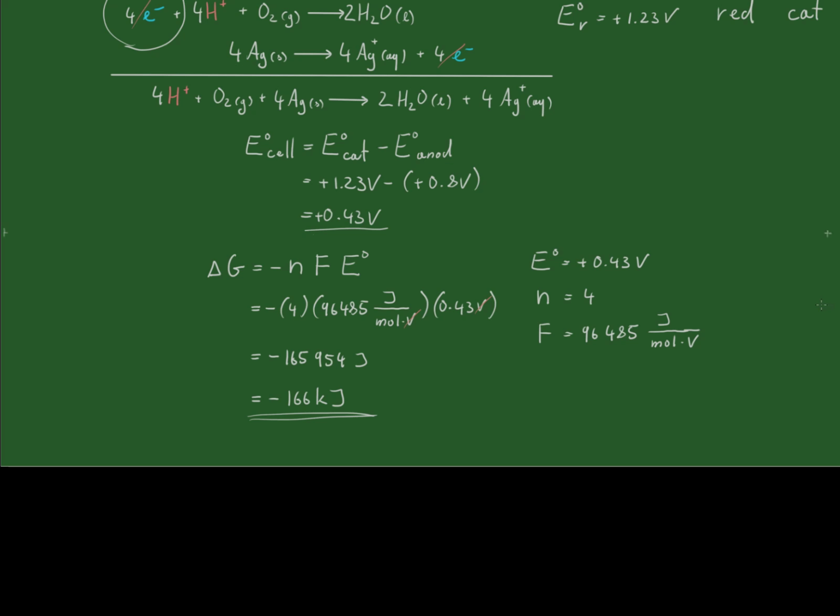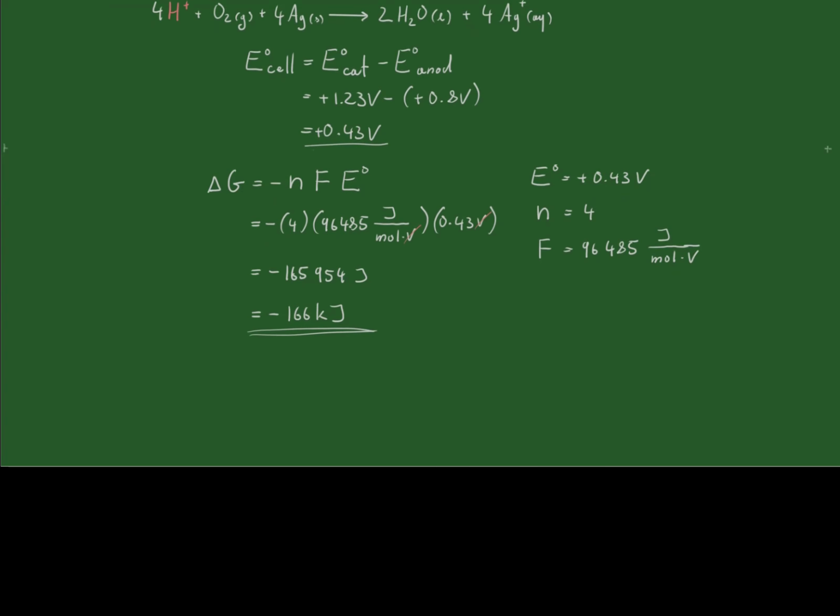So is there a formula that relates E naught to K or delta G to K? Well, there are both.